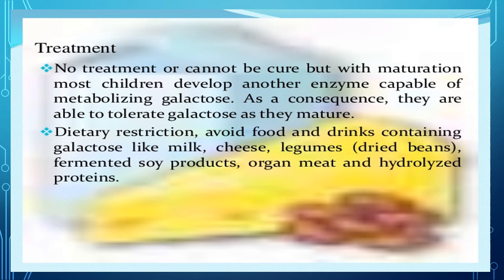But as the child develops, they will have another enzyme which is capable of metabolizing galactose. So as a consequence, they will be able to tolerate a little amount of galactose as they grow. But in the initial stages of life, milk products should be avoided to avoid further complications in life.